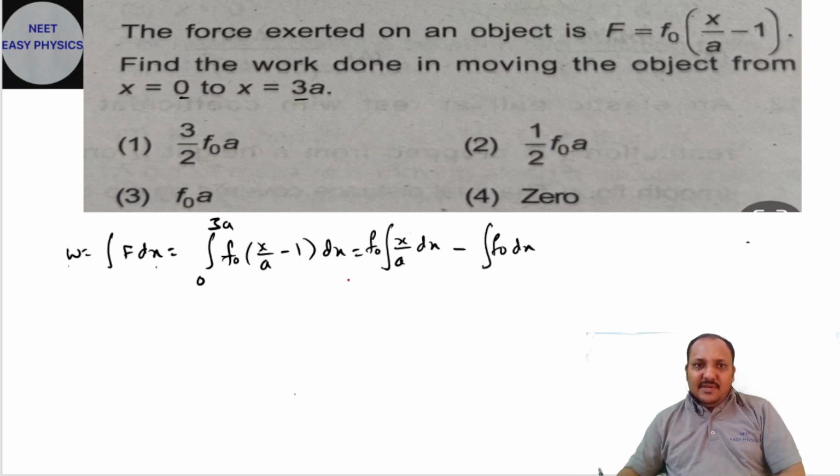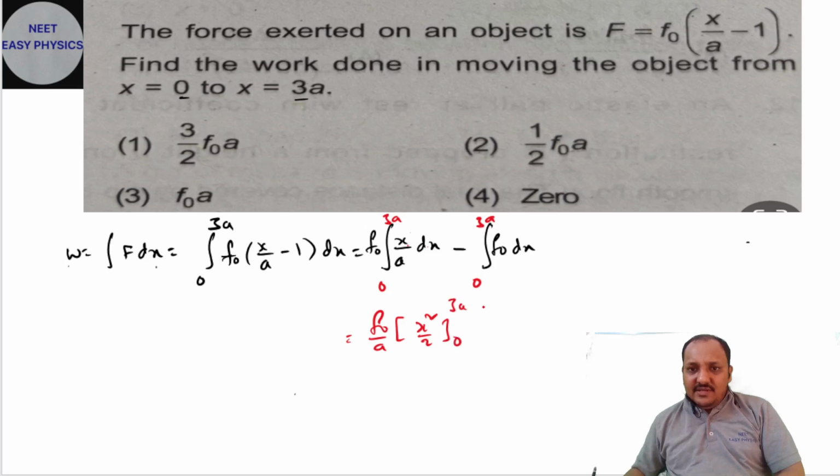What are the limits? 0 to 3a. So F naught by a is a constant. Integral of x dx is x square by 2 between the limits 0 to 3a. The integral of dx is x between the limits 0 to 3a.